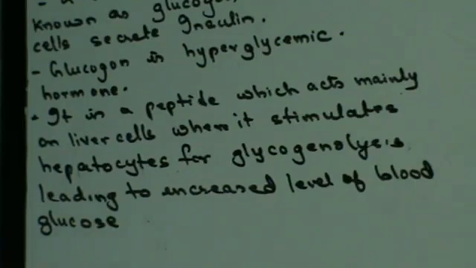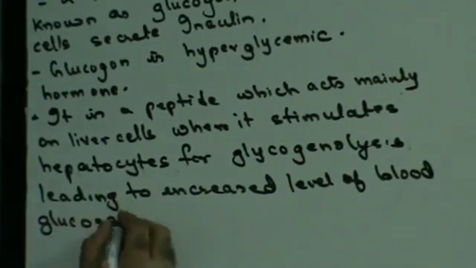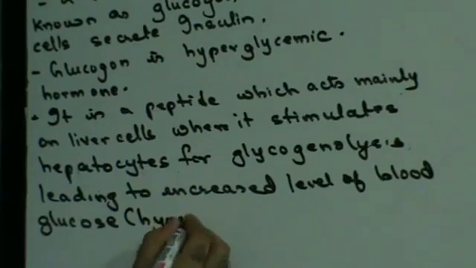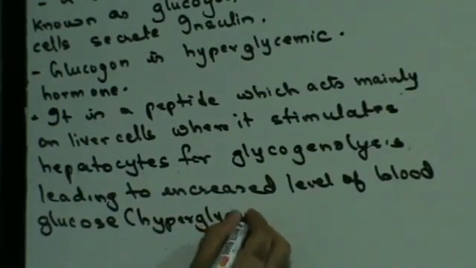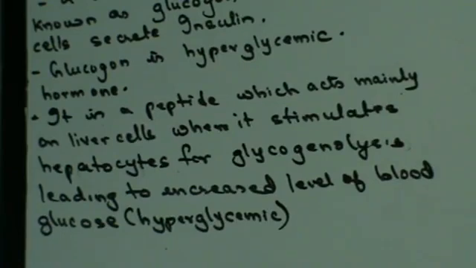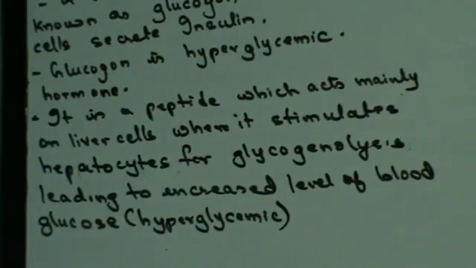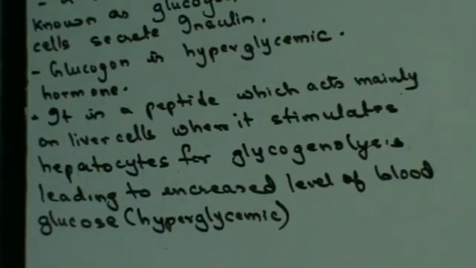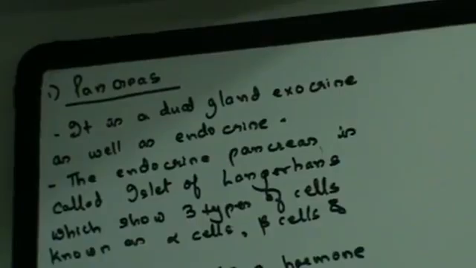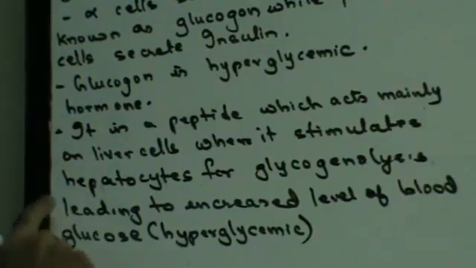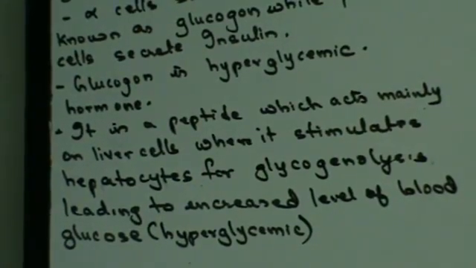And this increased level of blood glucose is called hyperglycemia. So when I say that glucagon is hyperglycemic, it means that this increased level of blood glucose is called hyperglycemia. This is why we say that glucagon is hyperglycemic.